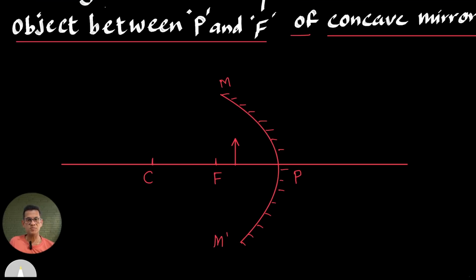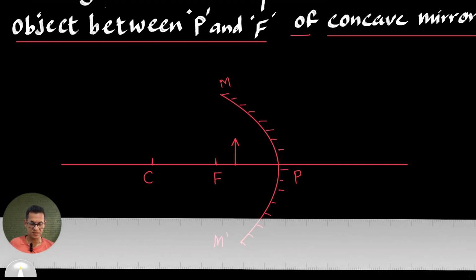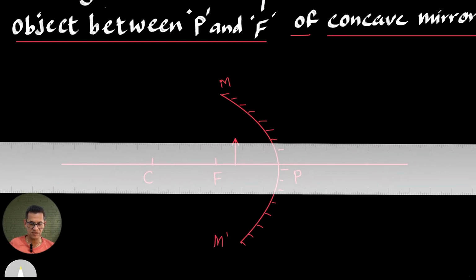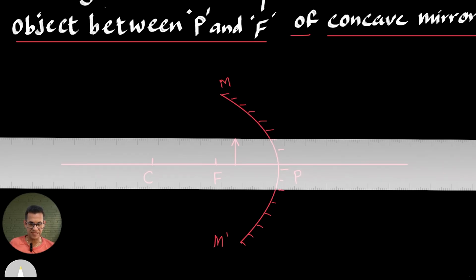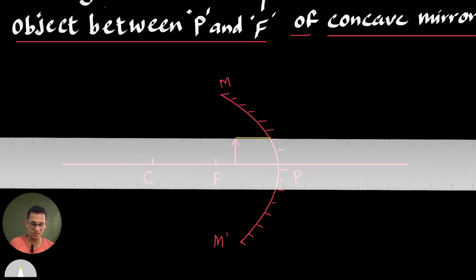Okay, so let's begin drawing this diagram by using the first rule. The first rule says that if a light ray passes parallel to the principal axis, after reflection it will travel through the focus. So I'll start from the top of my object as we had done in the last diagram, and I'll draw a straight line parallel to the principal axis hitting the mirror.